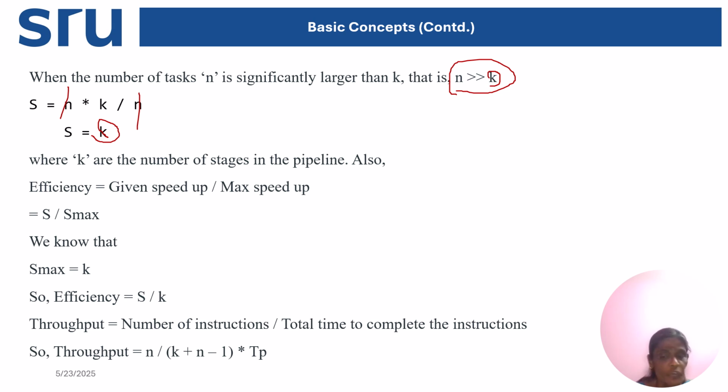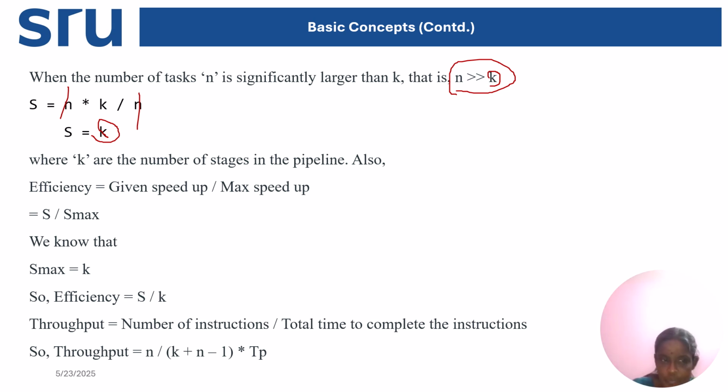So beyond 4, the speed will not increase. 5 times speed up we will not get. It will only be equal to the number of segments, the number of stages in the instruction. That is why we cannot get beyond that.